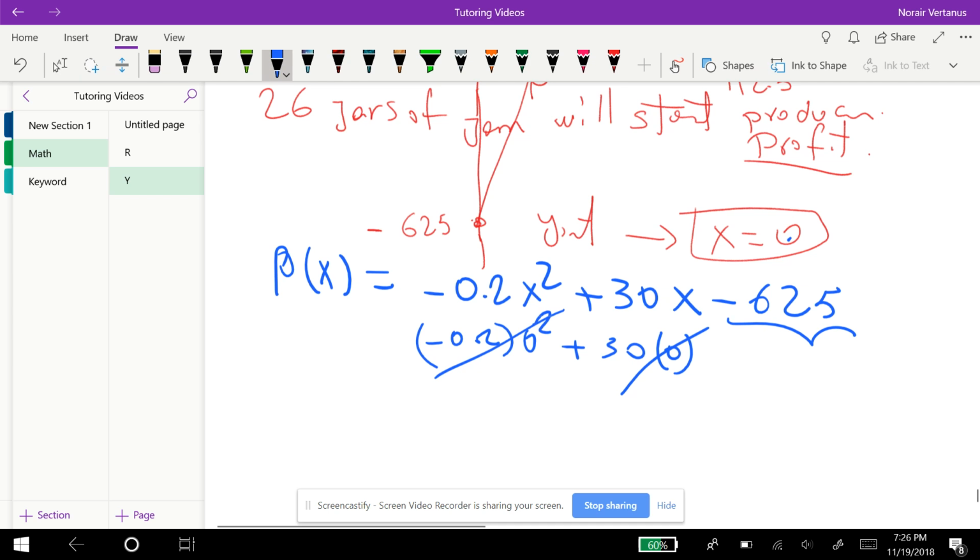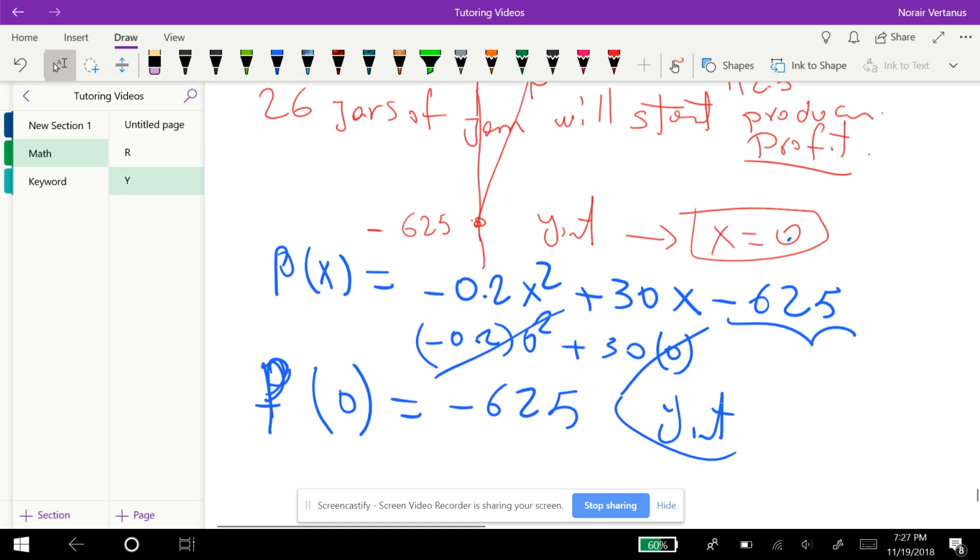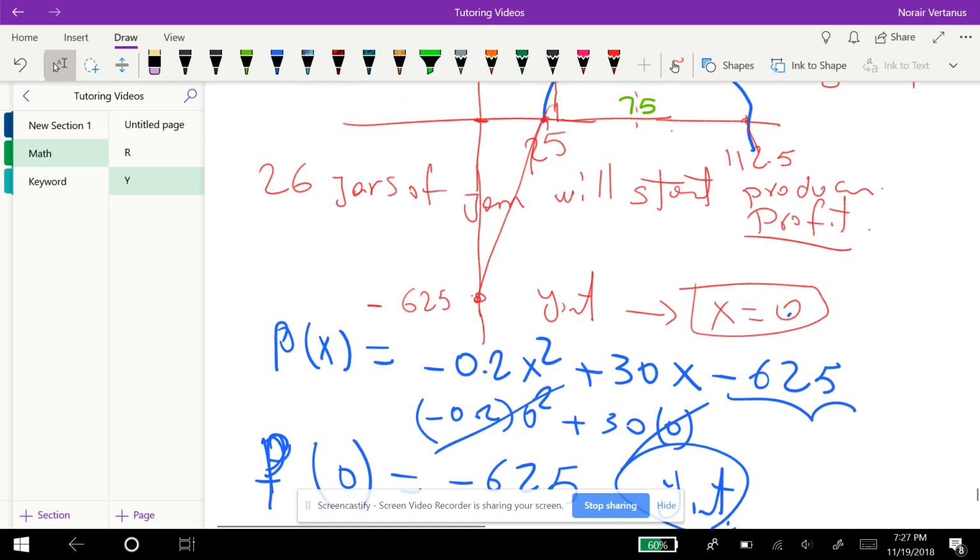So this is just the y-intercept: P of 0 is equal to negative 625. If they don't sell anything, they have this negative $625 cost. So that's a deficit.